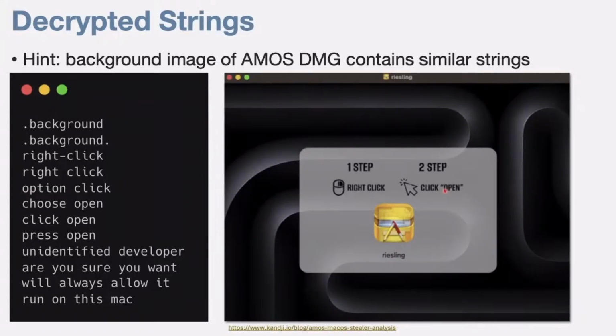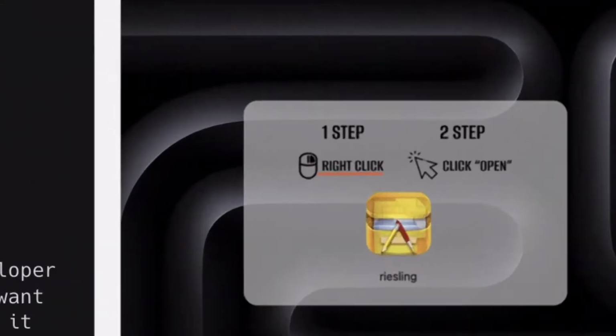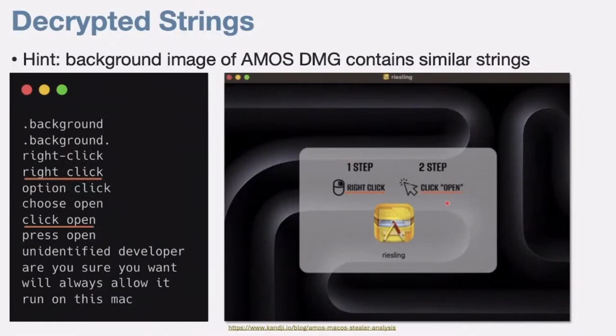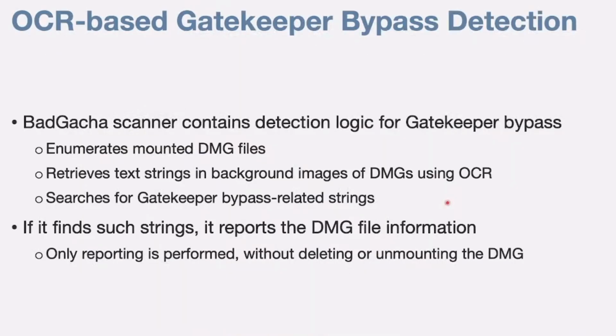At the beginning, I briefly mentioned malware that uses social engineering to bypass Gatekeeper. The background image of the disk contains strings like right-click and click open. So that's exactly what the Bad Gadget scanner is detecting: strings in the background images of the disk.